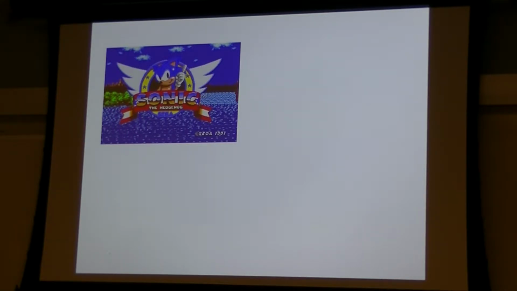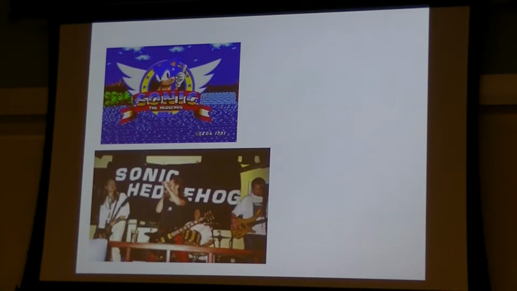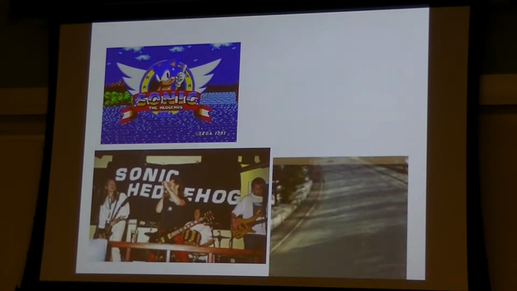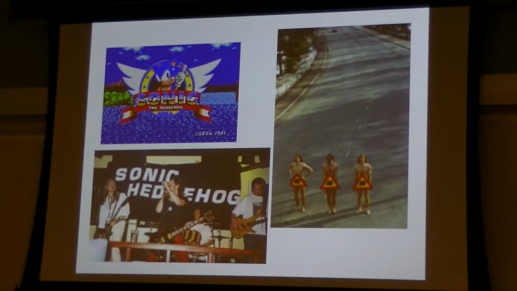And Sonic Hedgehog is also a band, it turns out, in Finland. I don't know why they named themselves Sonic Hedgehog. It probably is after the video game and not after the gene, I'm guessing. And here's their album cover with the little hedgehogs on their sign, and this is in Finland, so there's some snow, and I hope they realize a car is coming and they're going to get that picture done quickly.